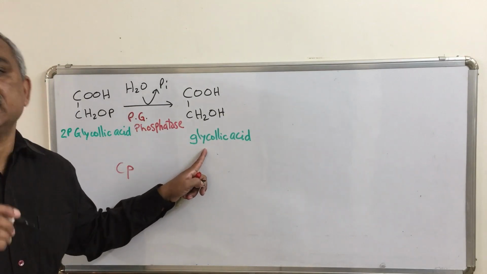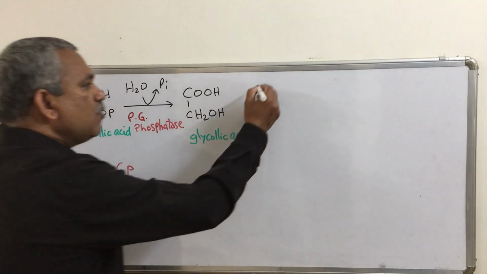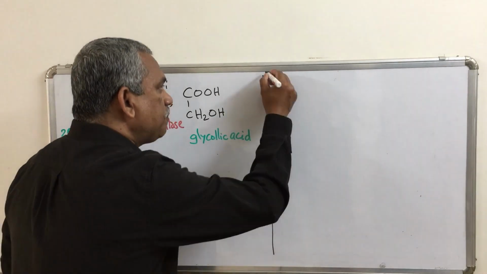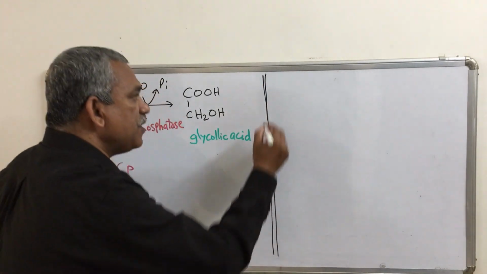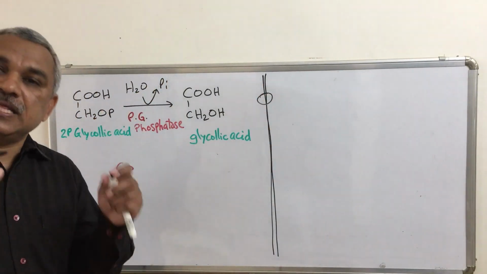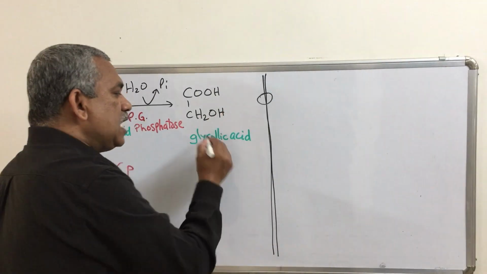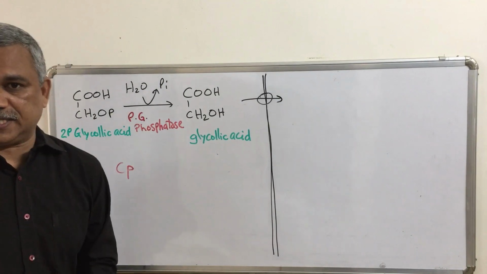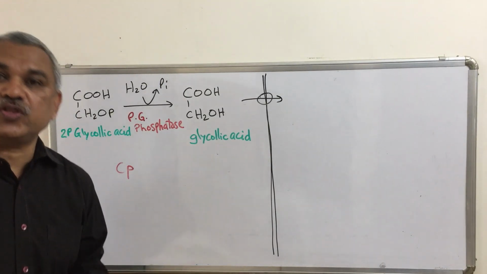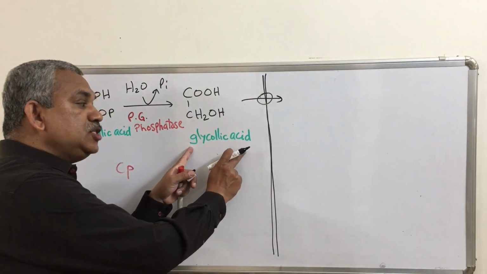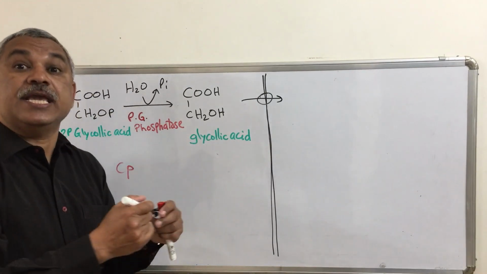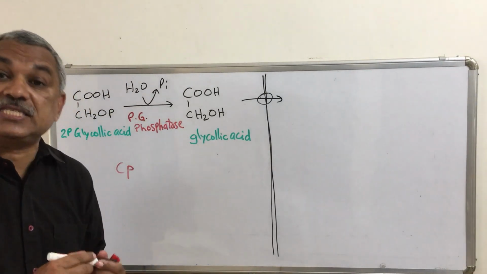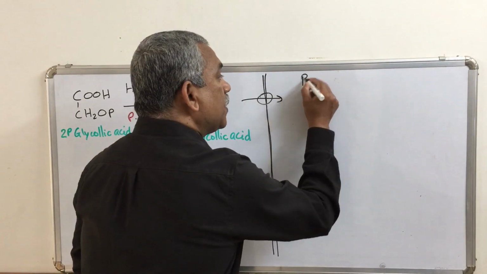Once glycolic acid is formed, the chloroplast membrane has a very specific transporter, and this transporter will allow glycolic acid to diffuse out of the chloroplast. Once it is out, the next stage for the glycolic acid is it will get into the next organelle, that is peroxisomes.